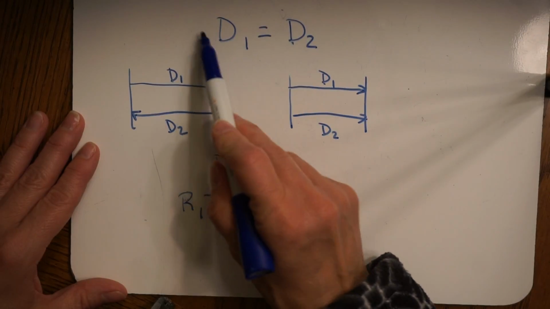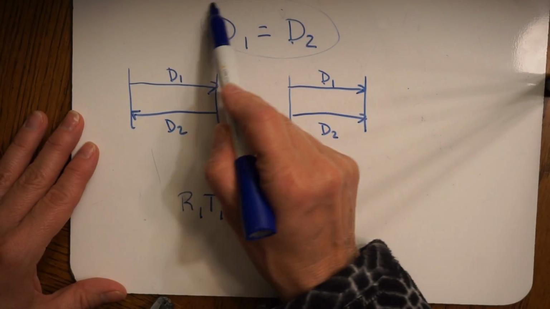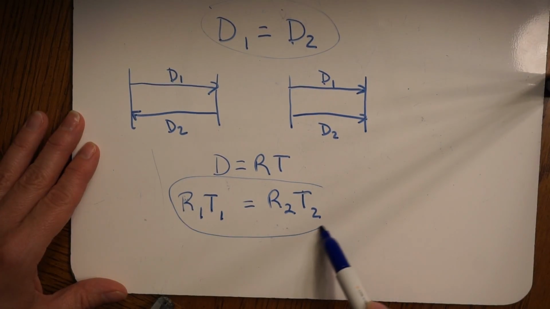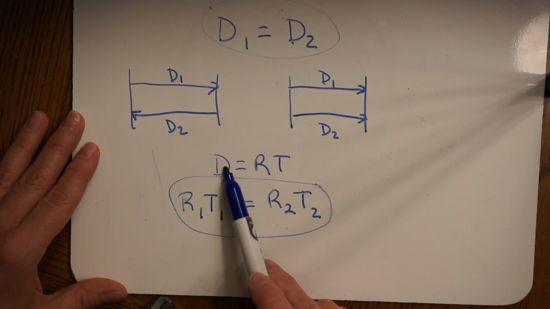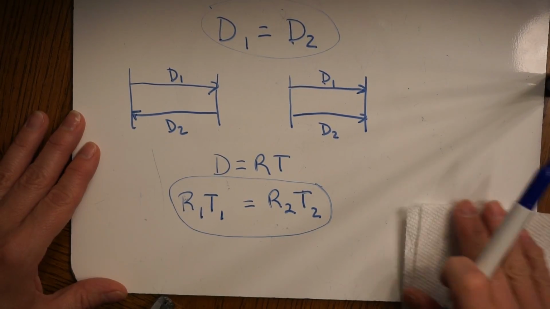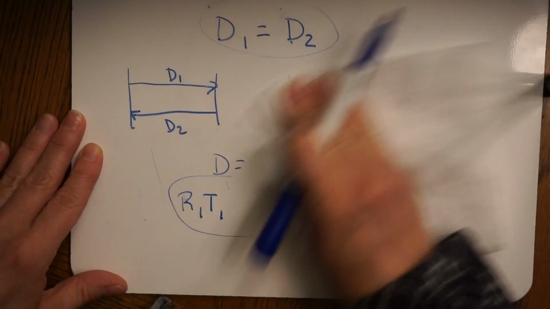Okay, so this is going to be your main equation. You're going to turn this main equation into this because distance is equal to rate times time. All right, let's take a look at some examples now.